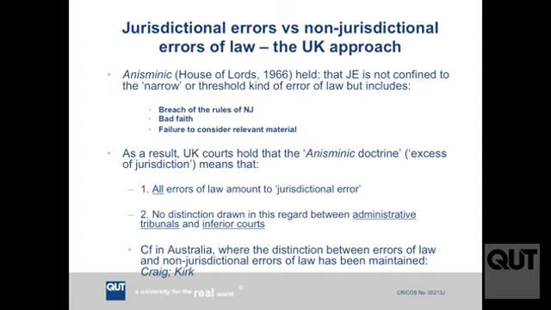So if you think about all the grounds we've talked about in the previous weeks, these are all legal errors that amount to jurisdictional error in the United Kingdom. There is no distinction in this regard between administrative tribunals and inferior courts. This is not the position in Australia, although it would be a lot easier if it was.